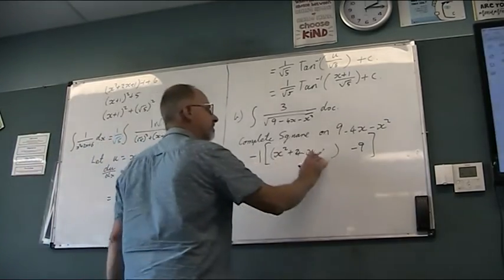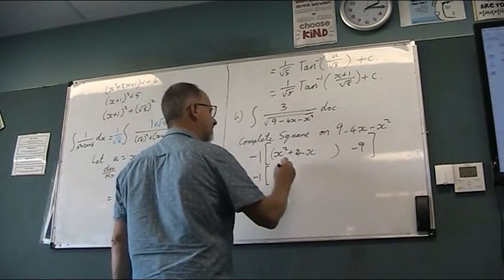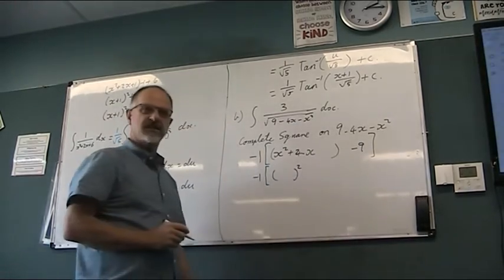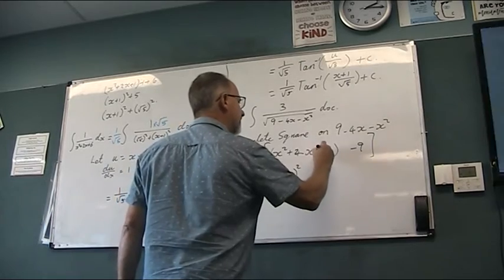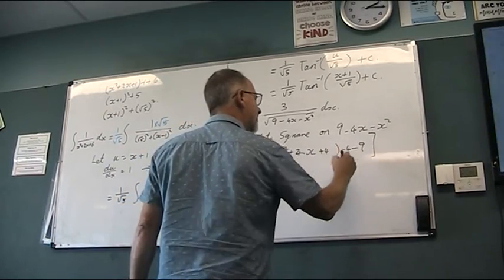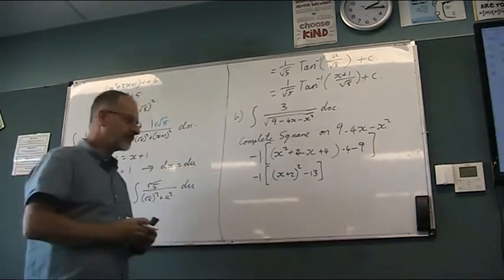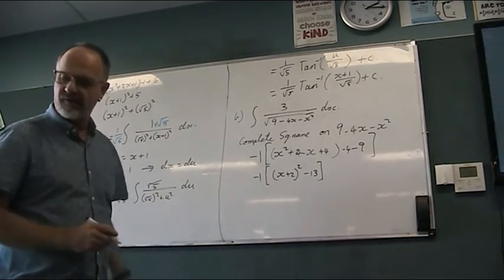Because we're used to dealing with positive in front of that. So the x squared plus 4x bit becomes x plus 2 squared. We need a plus 4 in there, so we're going to take 4 away there, so we're taking 13, aren't we? Now when I put that minus 1 back in, what do I end up with?